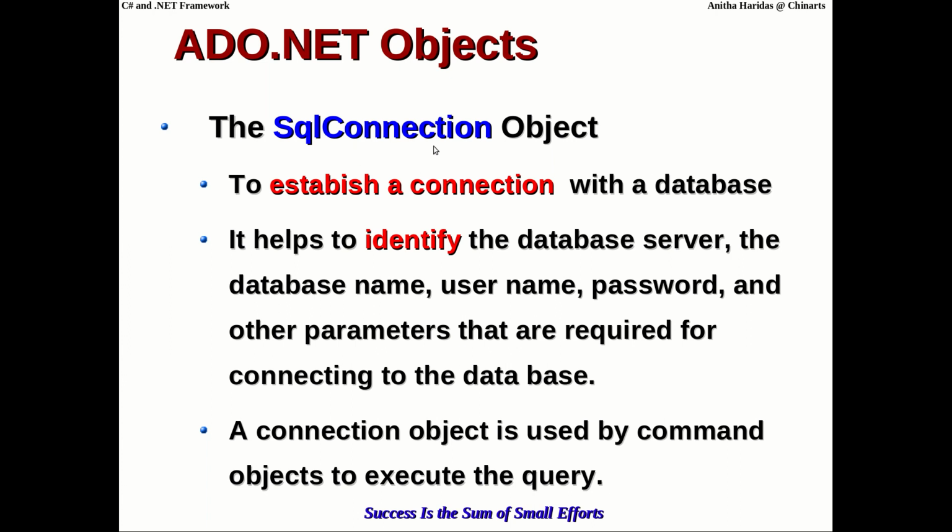So in the SQL connection, we will have a string called the connection string, and this connection string helps to identify the database server name, the database name, and the username and password, the user credentials. And if you have any other parameters related to security, that can also be specified here.